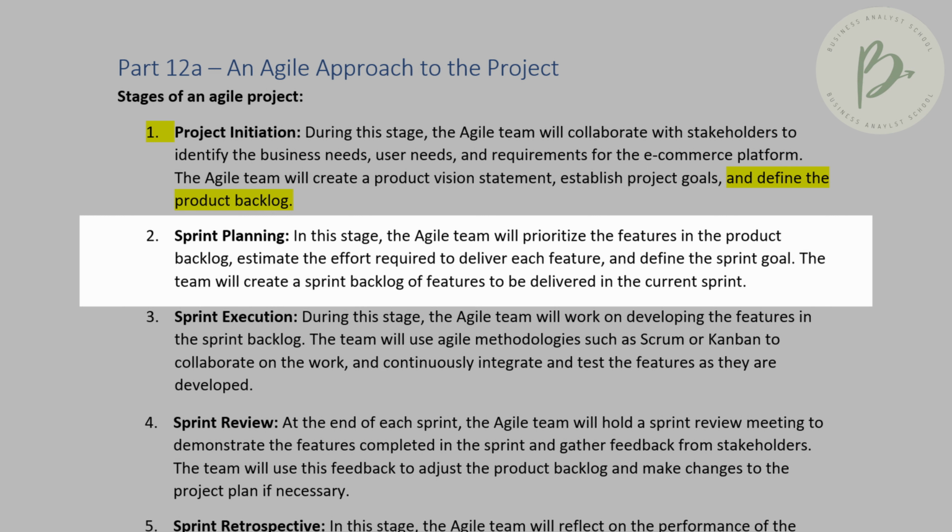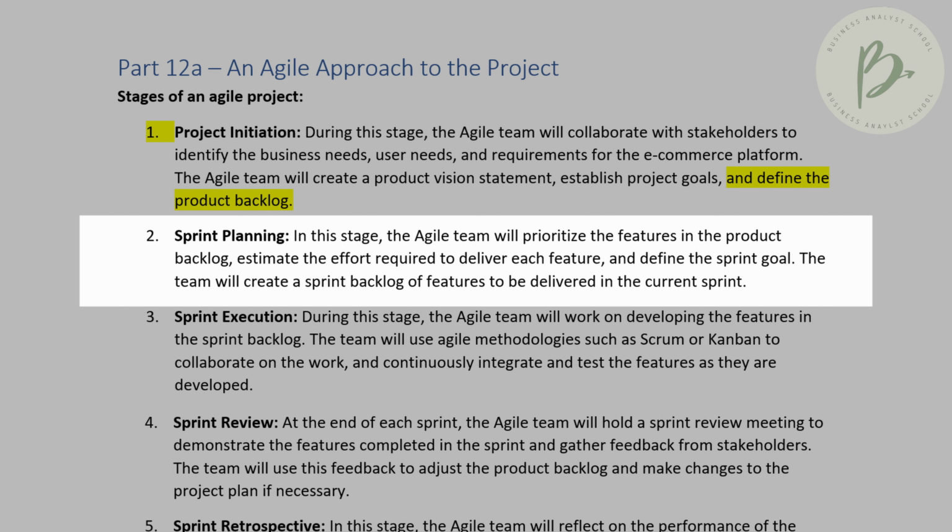Now, the second stage of the Agile project is sprint planning, which is literally just a meeting where the Agile team will look at what we have in the product backlog and start to prioritize those features. We will also look at estimating the effort it would take to deliver each of these features, and then define our sprint goal. What do we want to achieve in the next 2 weeks?